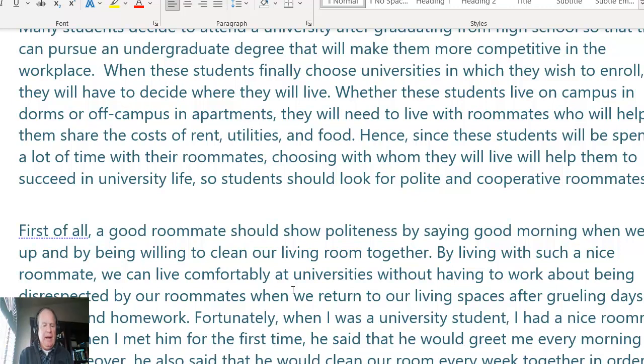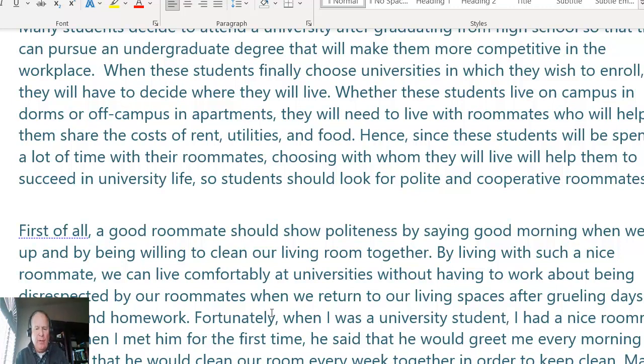And that I'm going to put and here so we can kind of make a little bit longer sentence here. In fact, when I met him for the first time, he said that he would greet me every morning and night, and that he would clean our room every week. He would clean our room every week together in order to keep it clean.